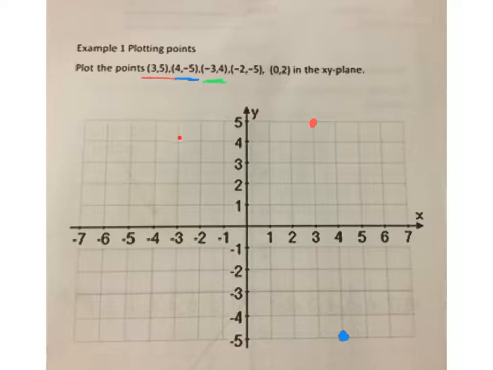I'm going to go up 4. -2, -5. I go left 2. I go down 5. And then 0, 2. I stay here and I go up 2.